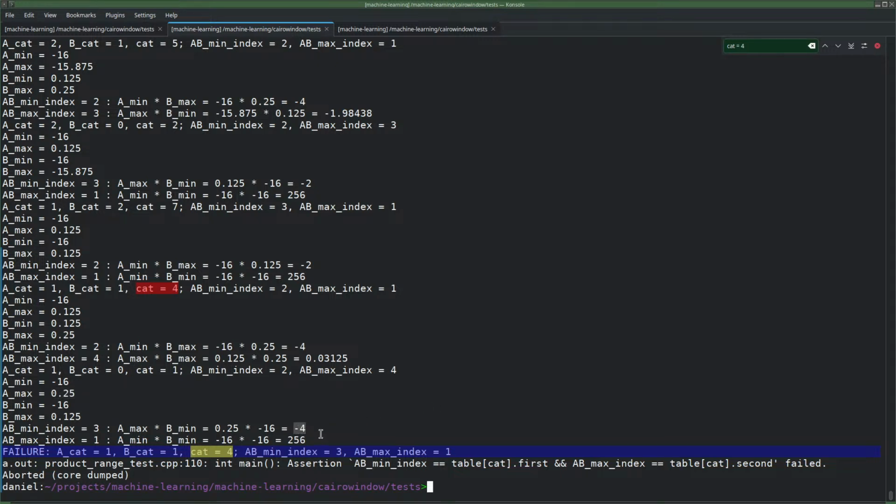So now minus 4 is the smallest value because we have to use the quarter to get it big. So minus 16 times 1/4. And in the previous case, it didn't really matter which one we picked.